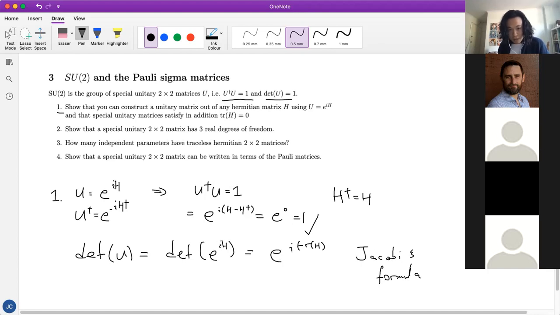The determinant of an exponential maps into the exponential of the trace of the matrix in the exponent. Since this has to be equal to 1 because it's a special unitary matrix, that tells me the exponent has to equal 0, so the trace of H must be 0. So that's the second statement.